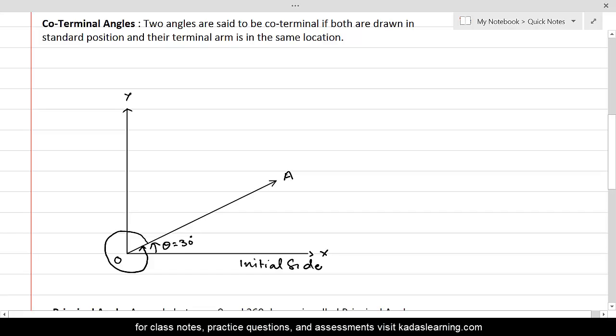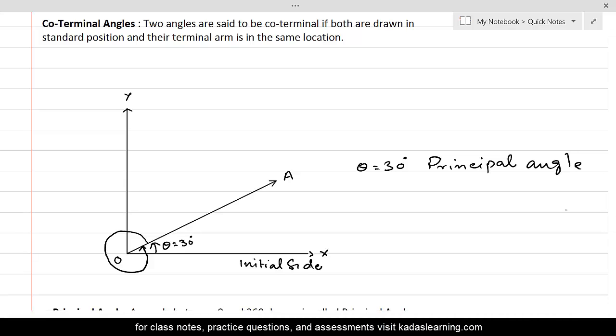30 was already the principal angle. So theta is equal to 30 degrees, which is the principal angle. Any angle between 0 and 360 degrees is called a principal angle.